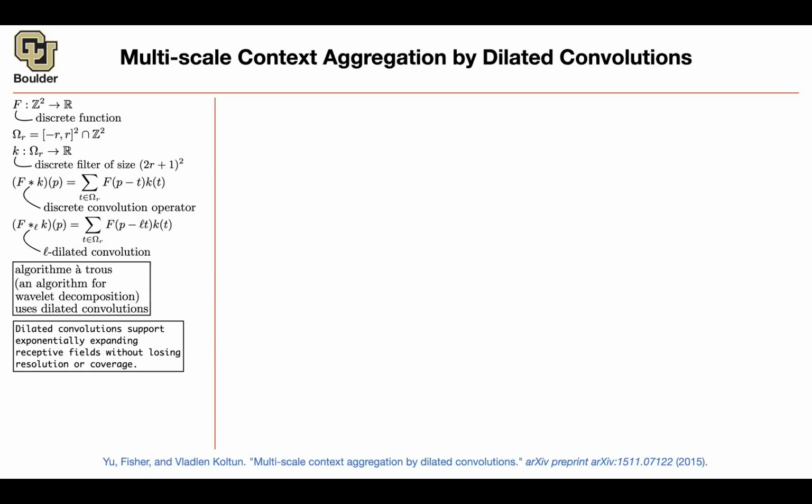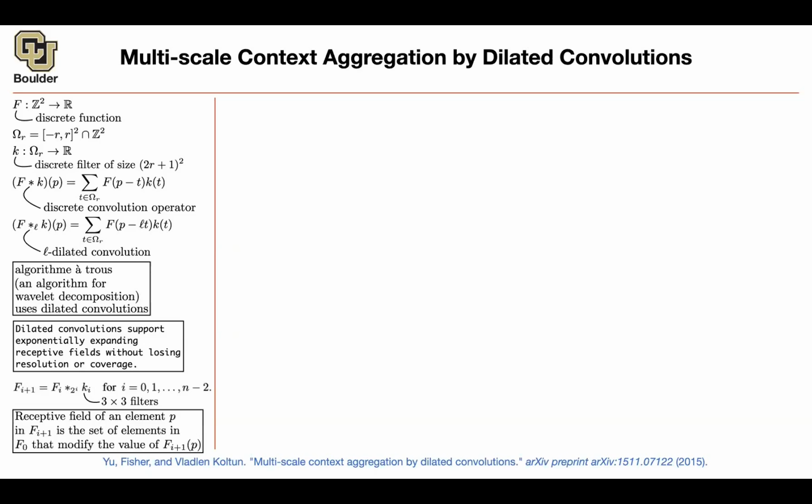But the cool thing is that you can use dilated convolutions to support exponentially expanding receptive fields, which is nice. The way you do it, you start working with powers of 2 as your dilation factor or dilation rate, and you keep convolving with 3x3 filters. This enables you to have a very large receptive field.